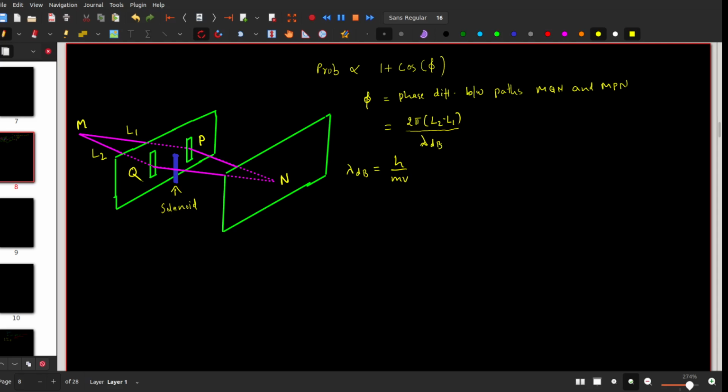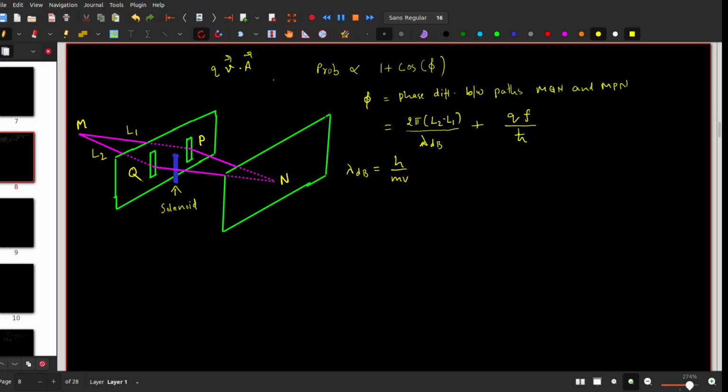So this was a contribution due to the kinetic energy term in the Lagrangian, and the other contribution was due to the q times v dot A term in the Lagrangian, and this contribution we calculated was equal to q times F divided by h bar.